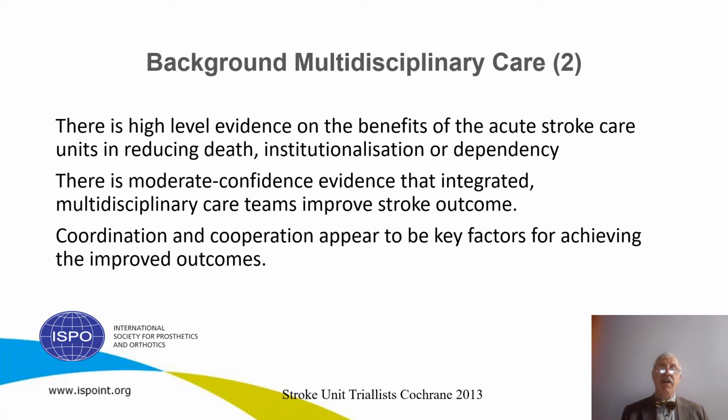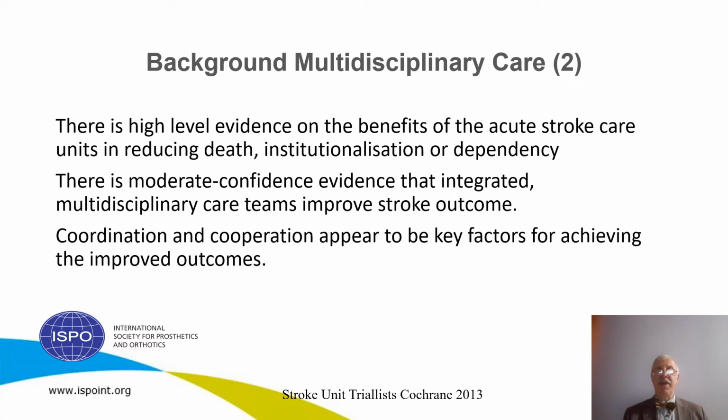There is a high level of evidence on the benefits of acute stroke care in reducing deaths, institutionalization or dependency for patients who have had a stroke. There is moderate confidence evidence that integrated multidisciplinary care teams improve stroke outcomes.